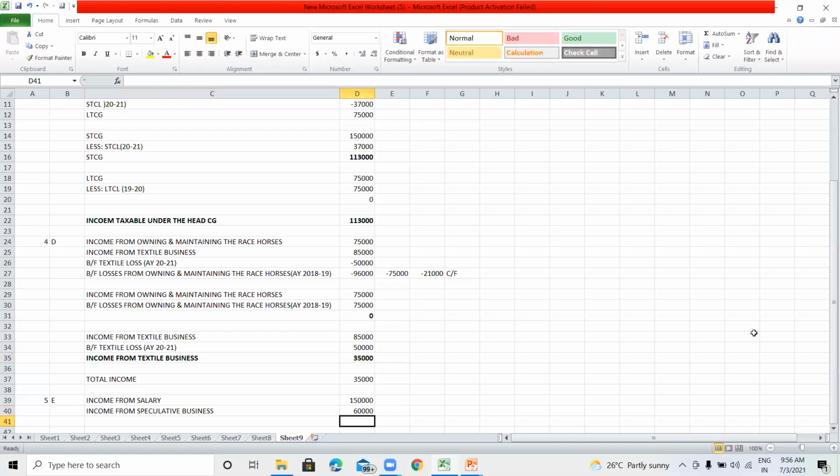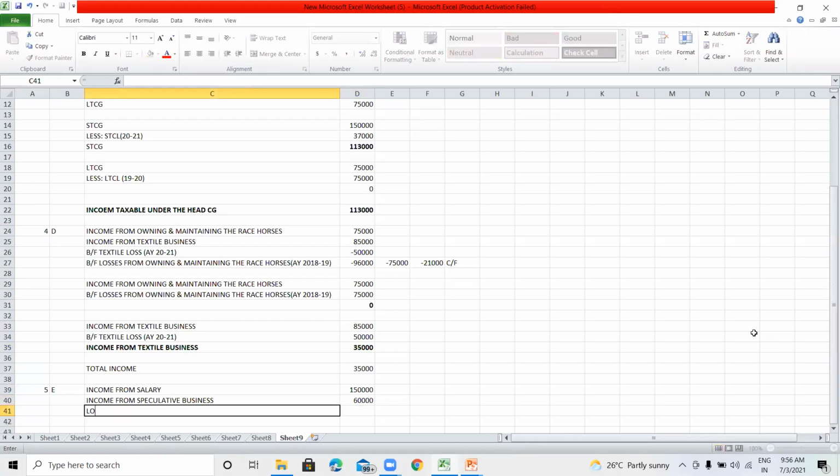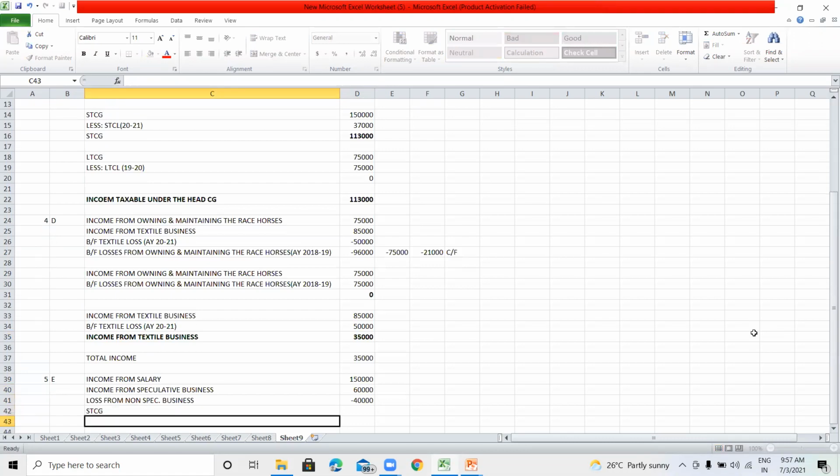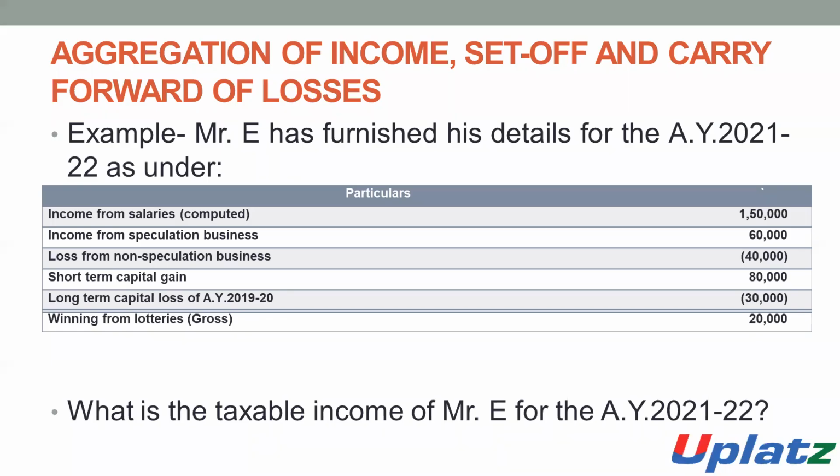Loss from non-speculative business 40,000. Short-term capital gain 80,000.